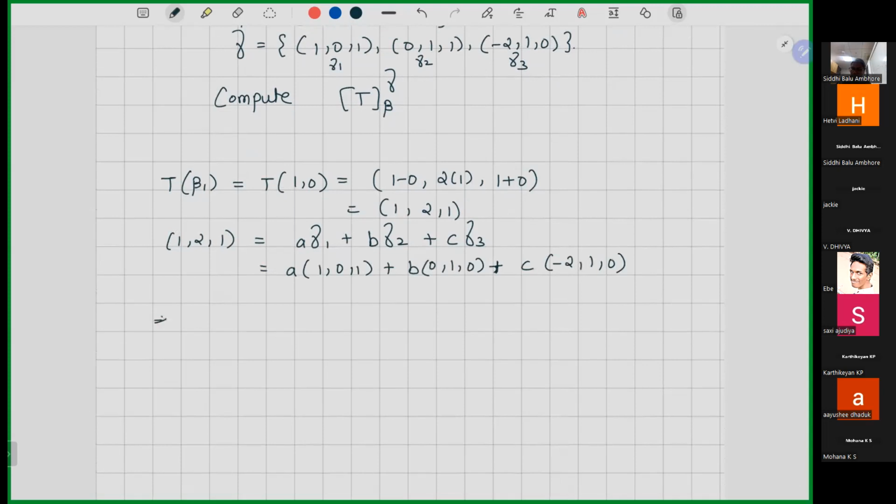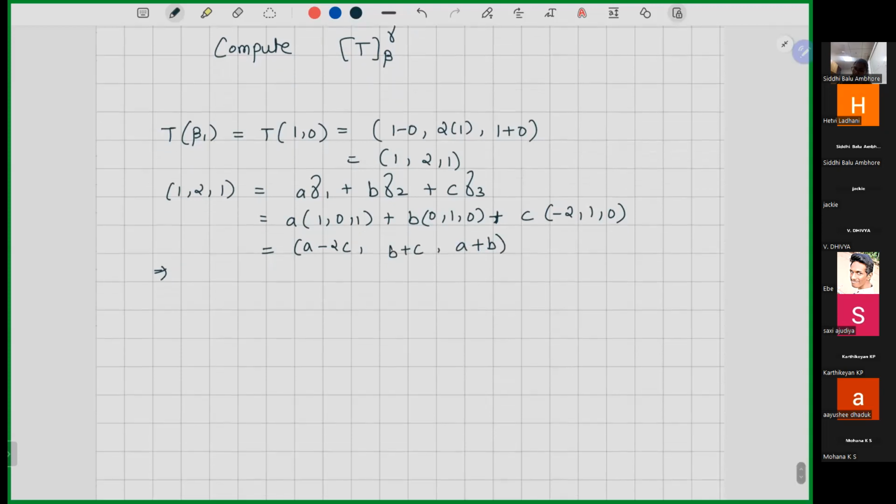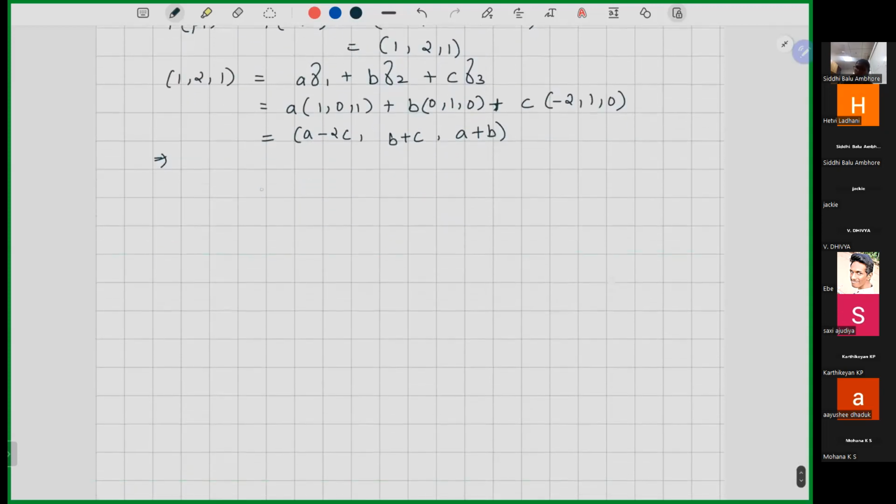And then we will get A minus 2C, B plus C, A plus B. Then we get A minus 2C is equal to 1. I'm just comparing components now. B plus C is 2 and A plus B is 1.